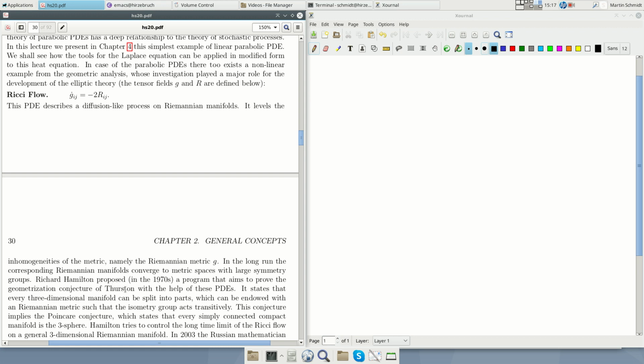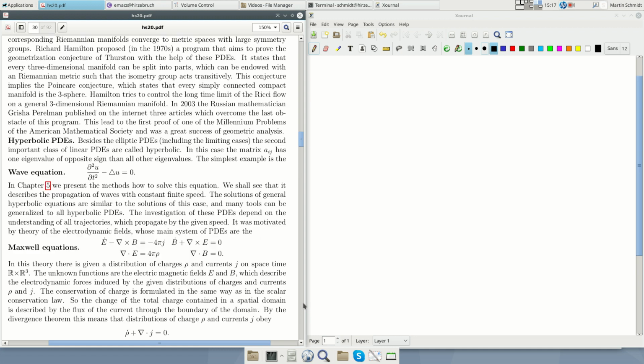His conjecture states that one always can decompose any free manifold into pieces which have these symmetry groups, or which can be endowed with such a Riemannian metric with such a large symmetry.